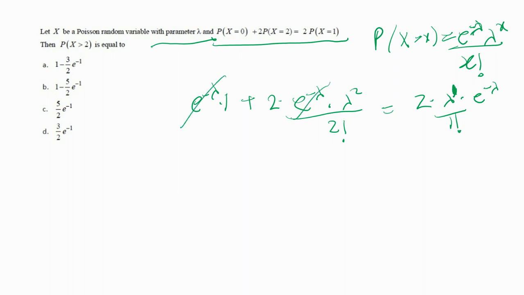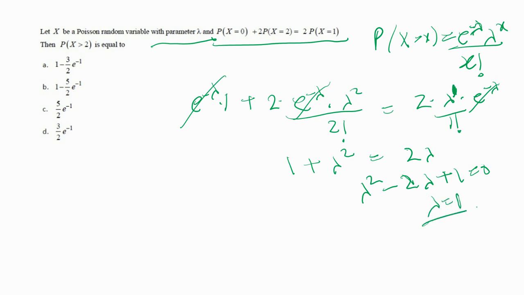If it could be equal to 0, we could not cancel it out. So it will be 1 plus lambda squared equals 2 lambda. So lambda squared minus 2 lambda plus 1 is equal to 0. So lambda is equal to 1.